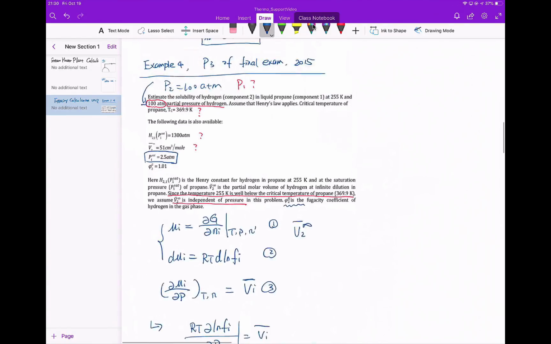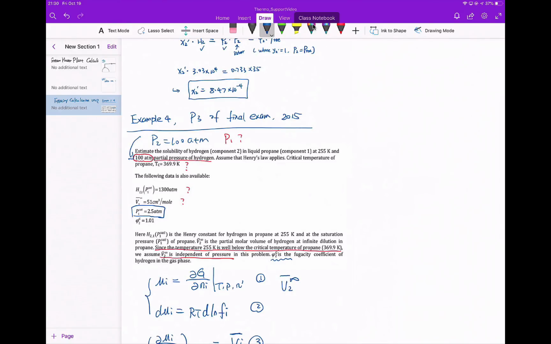If we take a look at the problem statement, this is a pretty strong hint that we would use Henry's law, but we need to figure out the dependence of Henry's constant.